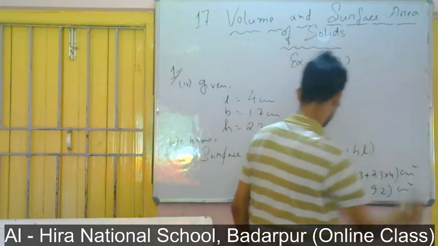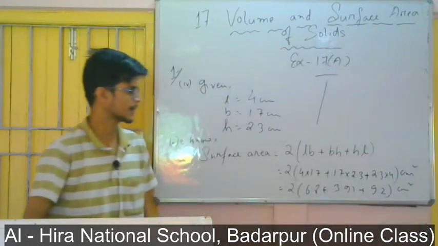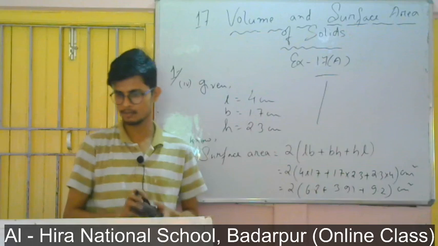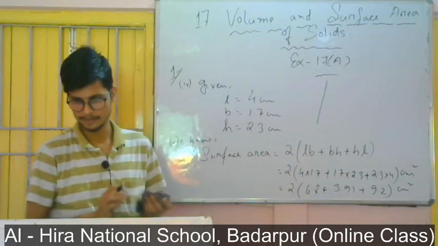So for first one it is 6.8, then 3.91 plus 9.2 centimeter square.